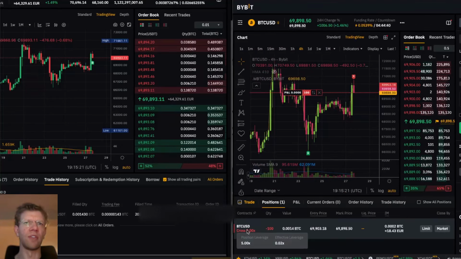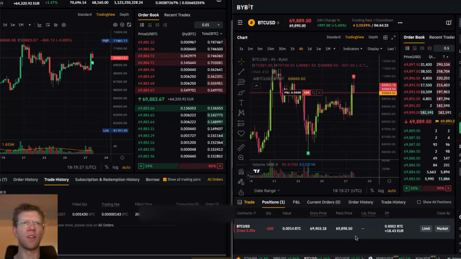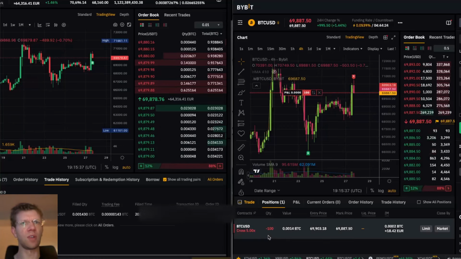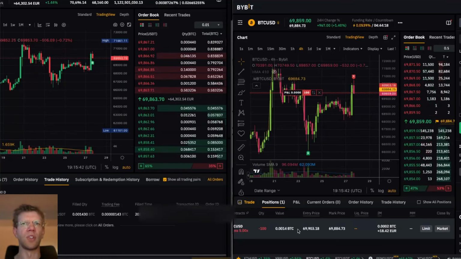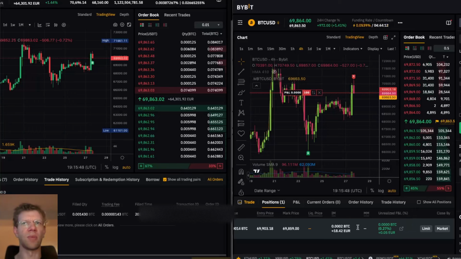The leverage is actually irrelevant because I have no liquidation price, since I have the full amount here. The fill quantity is 0.0013 Bitcoin, and the value here is 0.014, which is my necessary margin. I mean, I have far less margin because it's a leveraged trade, but it doesn't matter.